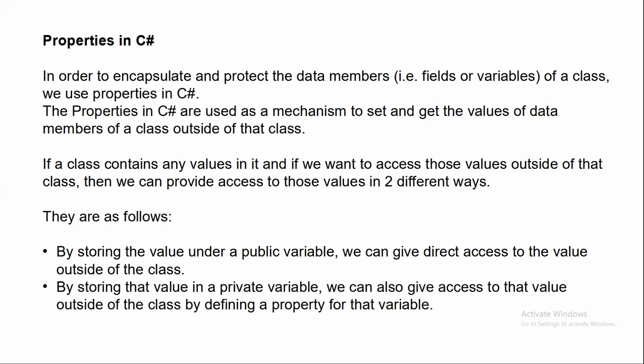I mentioned just a few minutes back that we always declare a data member or a variable as private. If we want to initialize the private variables, one way is that you can create a public method, use that method in the derived classes or somewhere, and pass the values to the public method so that the values will be assigned to the private members.